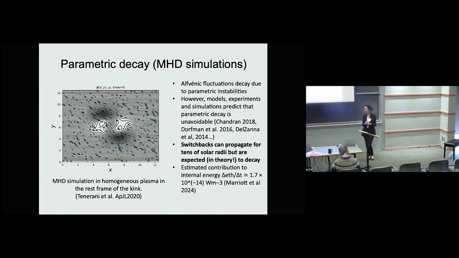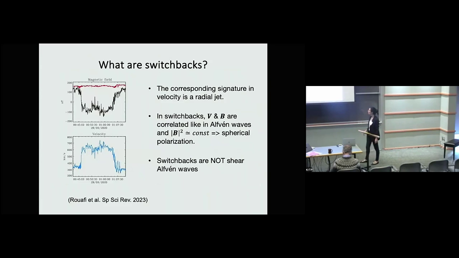Can you put up that plot from Noor's paper, the switchback, the velocity change? For context here for everybody, I just want to mention something. It probably really does have a big impact on heating of the material around the Sun, because notice when you go into the switchback, the lower plot is the solar wind velocity, and it jumps by a factor of 2.